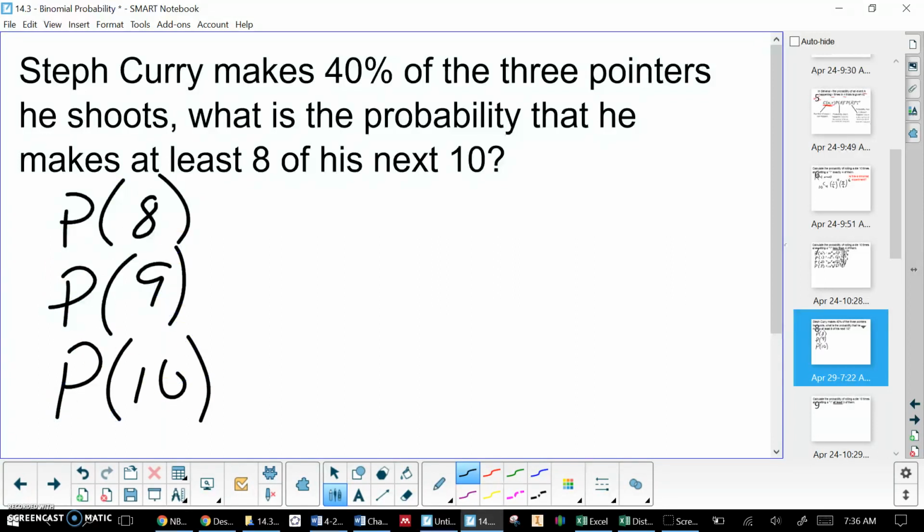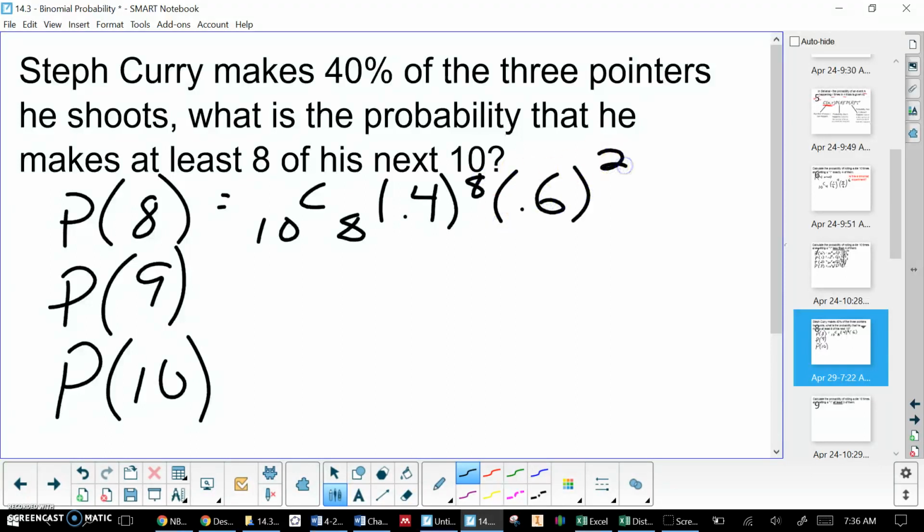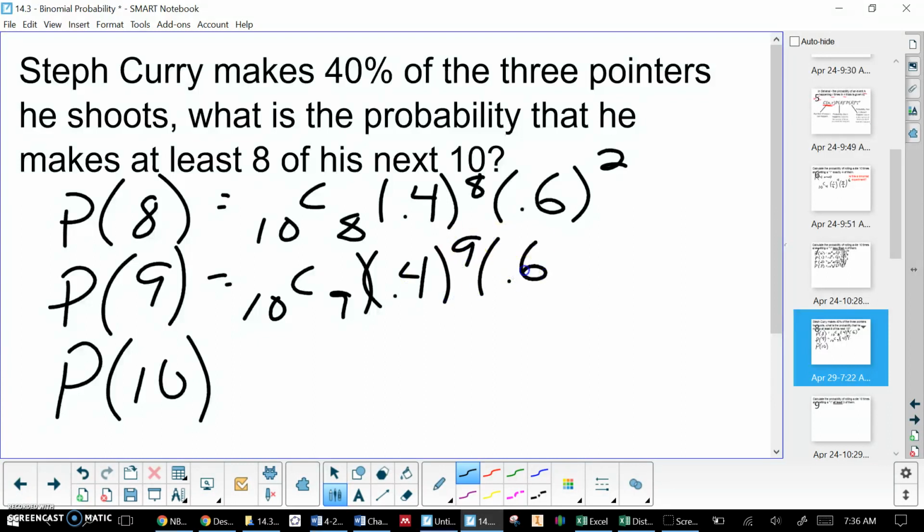And so just like before, we're taking 10 shots, and we want to make 8 of them. And so we have 10 choose 8. Now we have our 40% chance of making it, so 0.4 to the 8th, and a 60% chance of not making it, 0.6 to the 2nd. Same thing here, 10 choose 9, 0.4 to the 9th, times 0.6 to the 1st.